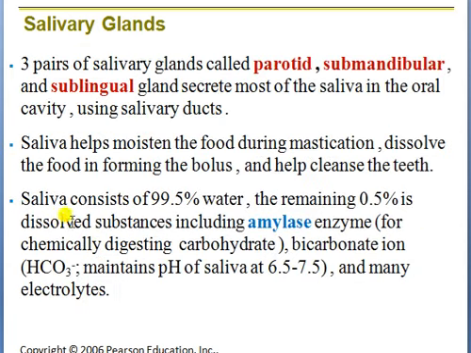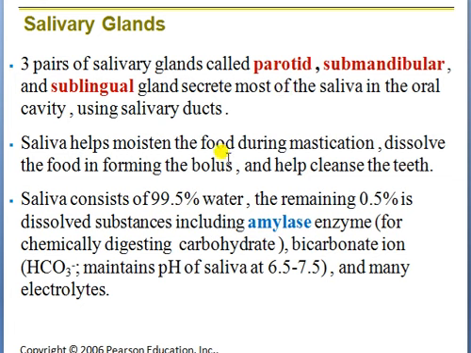Next. See, in the mouth we can observe the salivary glands. So 3 pairs of salivary glands. Submandibular glands are present below the mandible, sublingual glands are present beneath the tongue, and the parotid gland is present just near the pharynx. So these glands secrete the saliva.